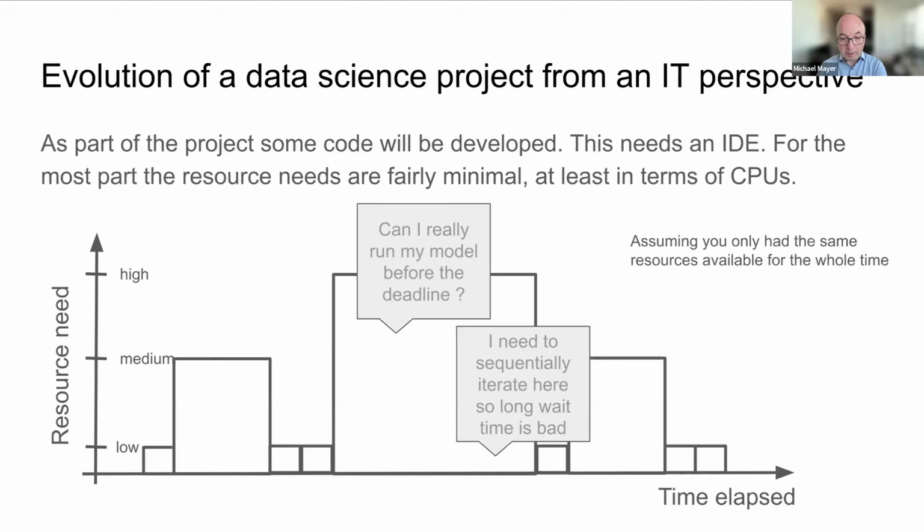Quite often you will also have things where you need to iterate your model sequentially. If for every model you have to wait 1 day, then it's probably not making much progress. If you can reduce the time from 1 day to 1 hour, then the problem is much more manageable. You're making much more progress scientifically.